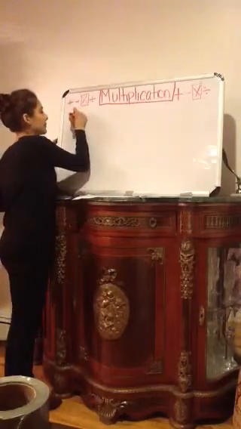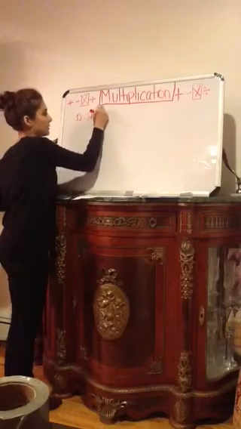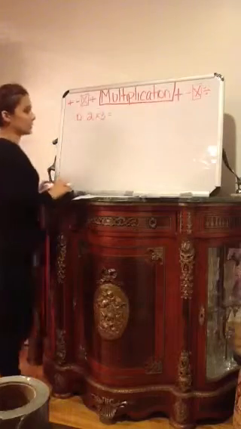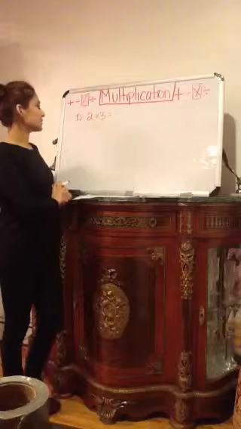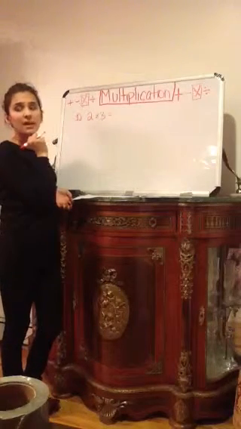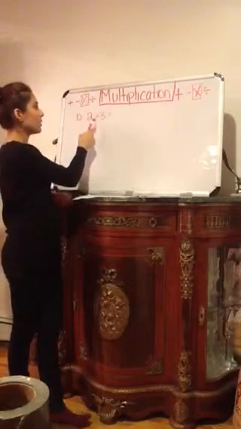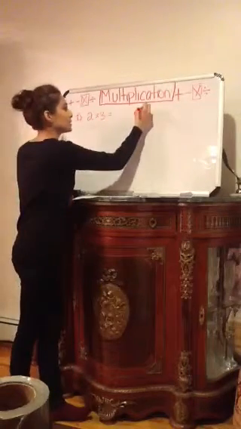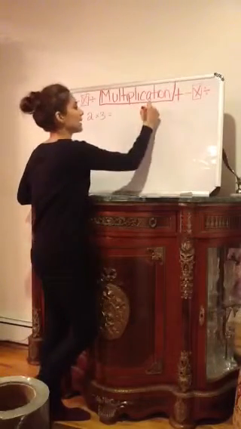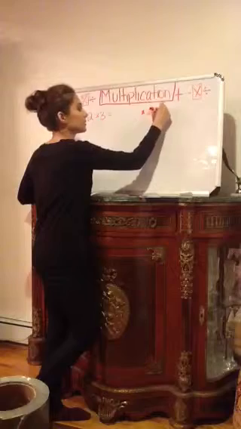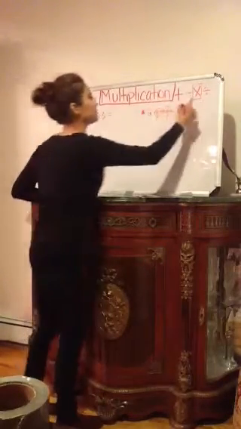Our first example will be 2 times 3. Going back to our first example, we had 3 times 7, and we knew that we had to make 3 groups of 7. So in this problem, 2 is our first number. Let's make a star here. In this case, we have to make 2 groups of 3.